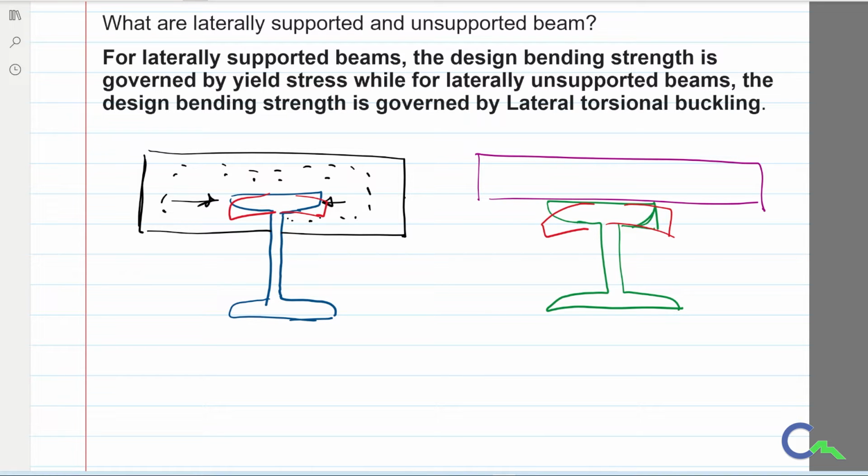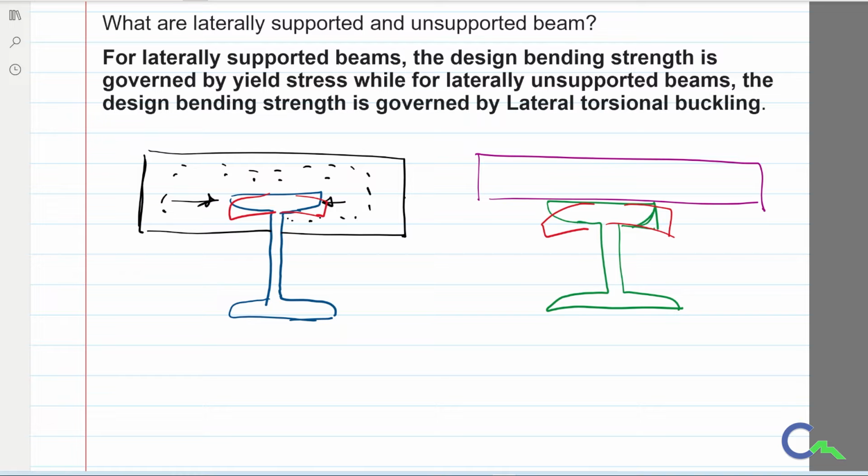Therefore, in the laterally supported beam, yield stress governs the bending strength, whereas in the laterally unsupported beam, torsional buckling is going to govern the bending strength.